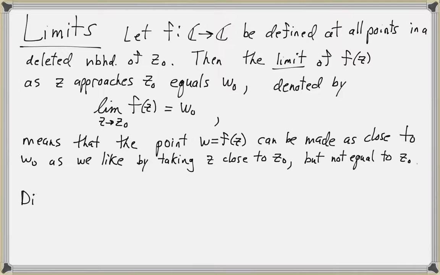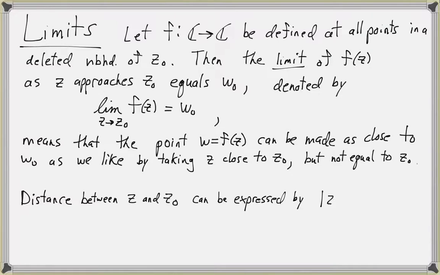Since we've already defined distances in the complex plane, we know that the distance between z and z0 can be expressed by absolute values. So this can be expressed by the expression absolute value of z minus z0.